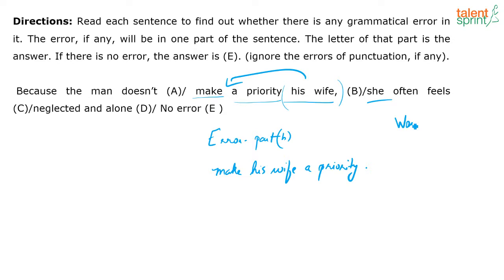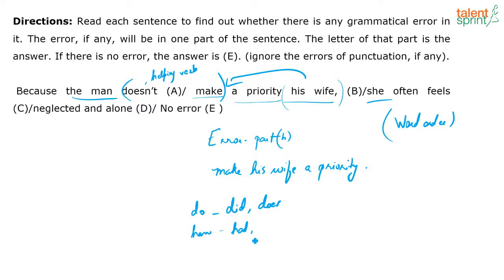Again, this is an error pertaining to word order. In a sentence, when it comes to word order, construction is very important. You have the subject, you have the action. In this construction, the man is the subject. Doesn't make, this is the helping verb. Remember, helping verbs are not only be forms which we looked at earlier. It is also do and have: did, does, had, has.